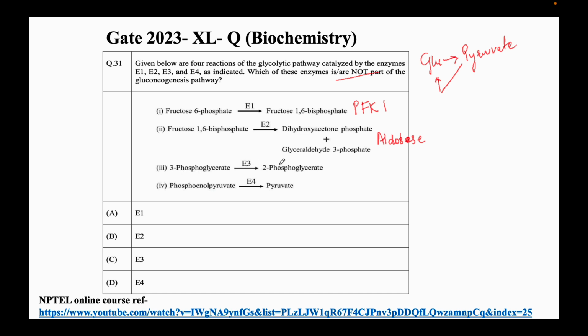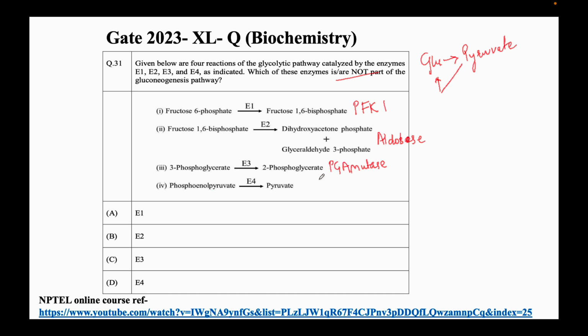Third, 3-phosphoglycerate gives 2-phosphoglycerate. This is carried out by the enzyme phosphoglycerate mutase. The phosphate on the third carbon is shifted to the second carbon of the glycerate molecule. The final reaction is phosphoenolpyruvate to pyruvate.